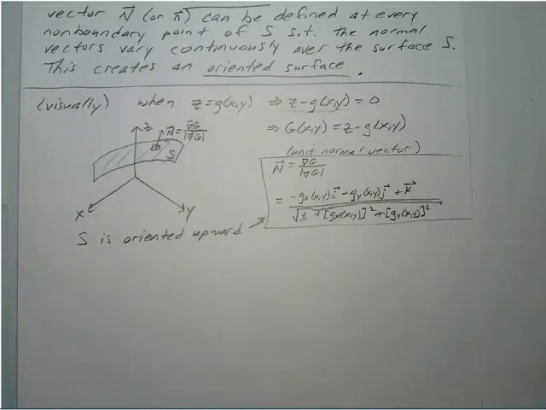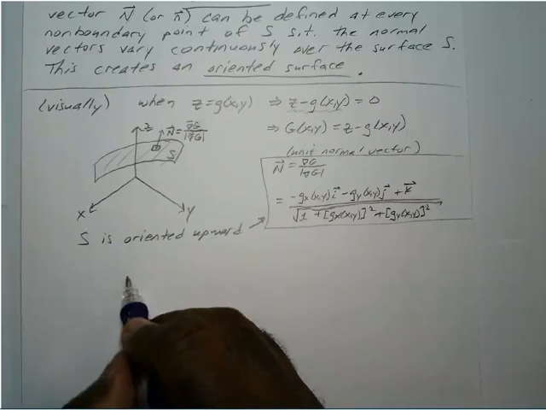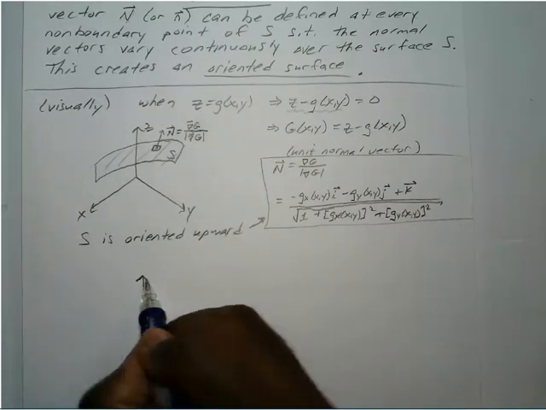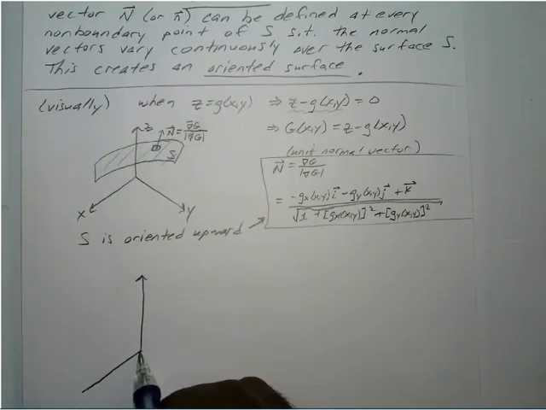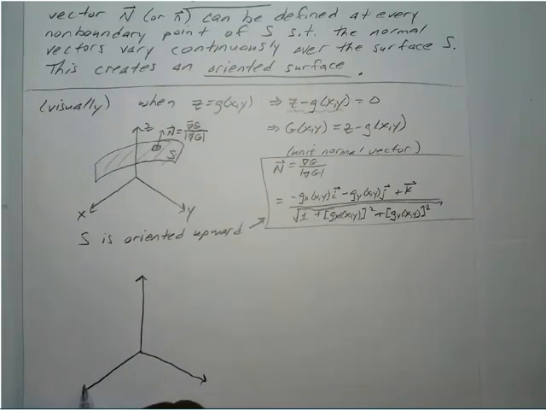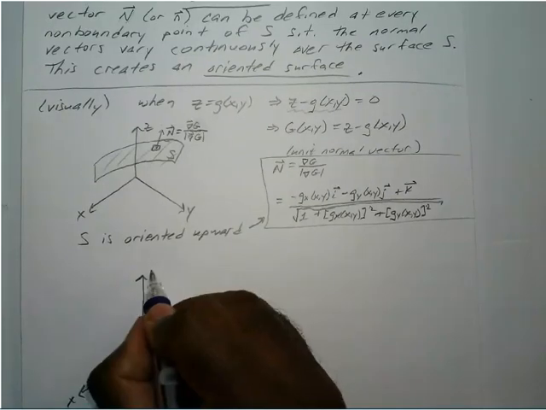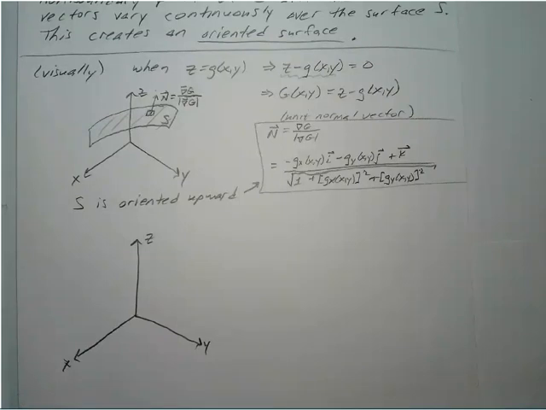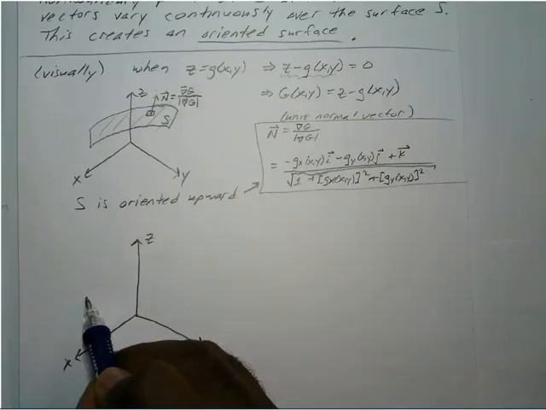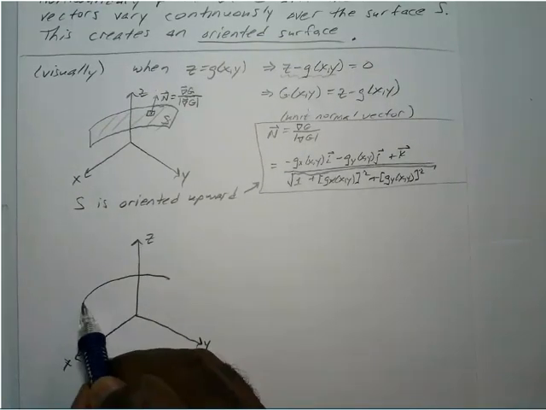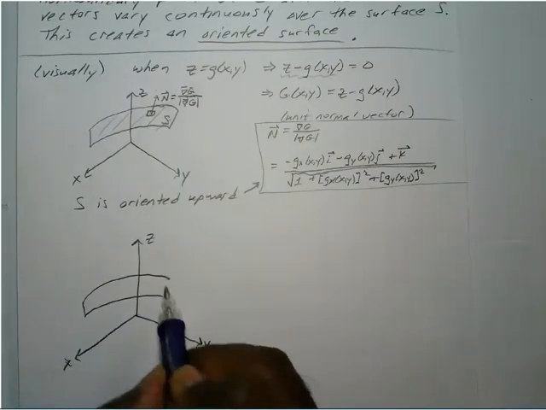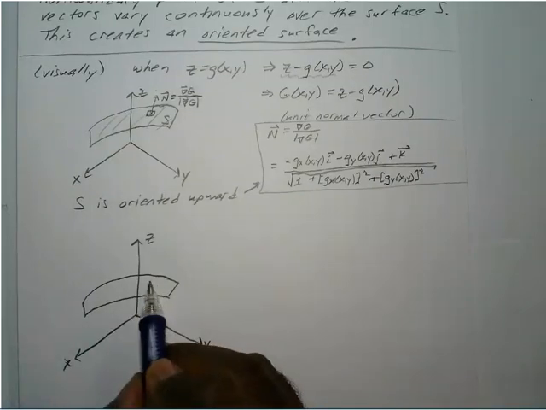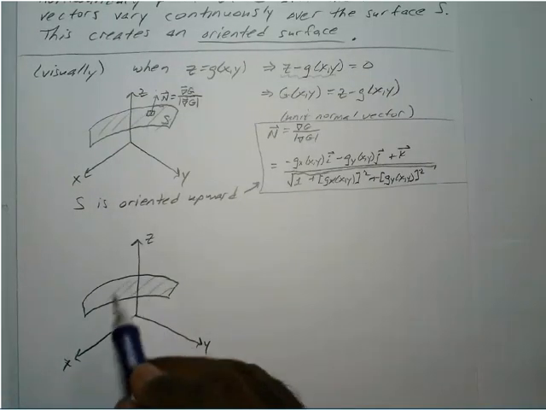Okay, so let's say for our downward oriented surface, again, we'll draw our three-dimensional area. So we have our x, our y, and our z. Okay, so let's say we have that very same surface just kind of floating in space there.